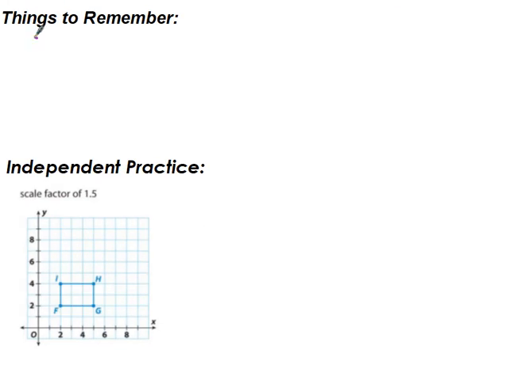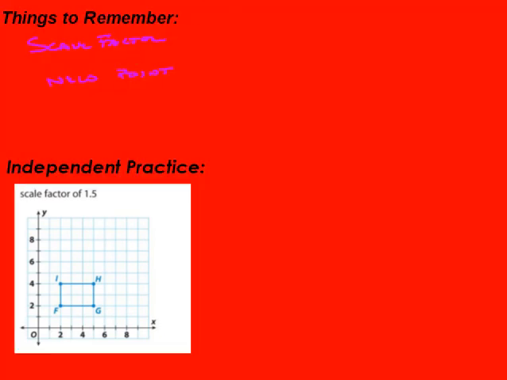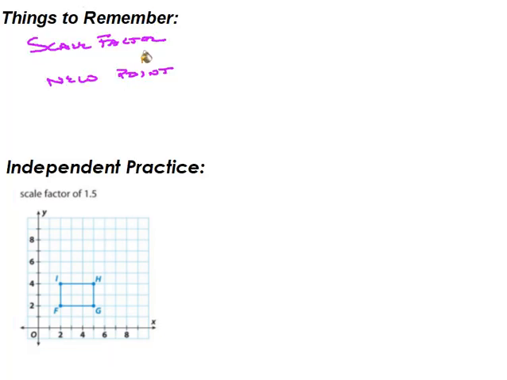So to find your scale factor, things to remember: new side length, new point or side length, it doesn't really matter. Whoa, look at that. That was a mistake. I hit the eraser. There we go.